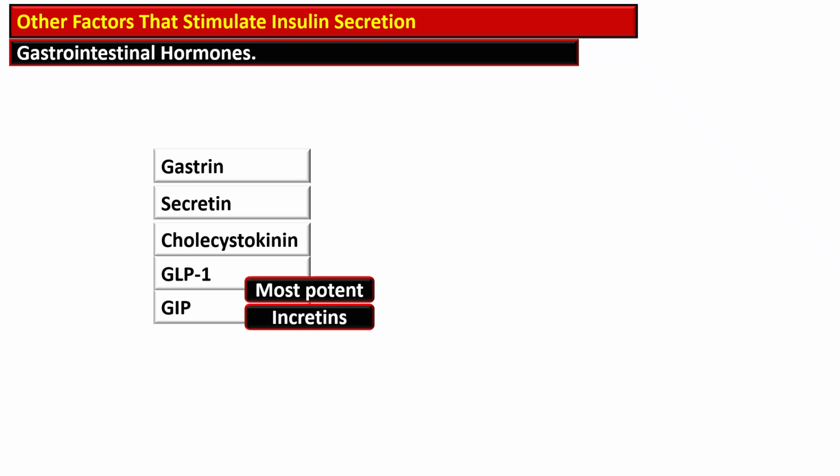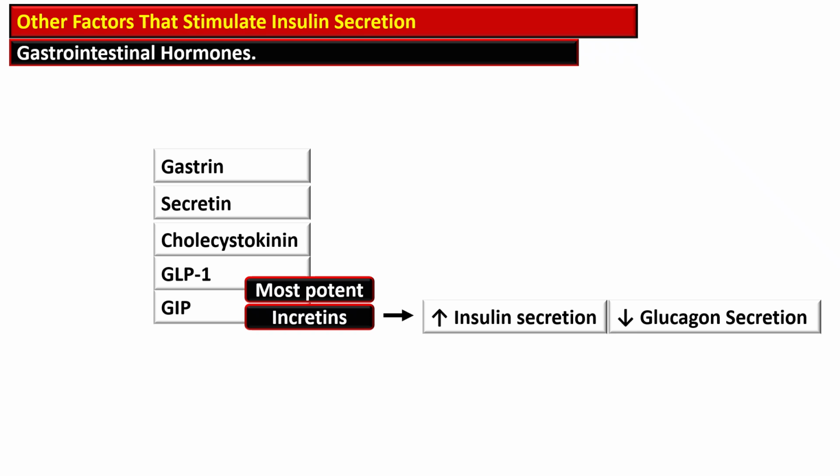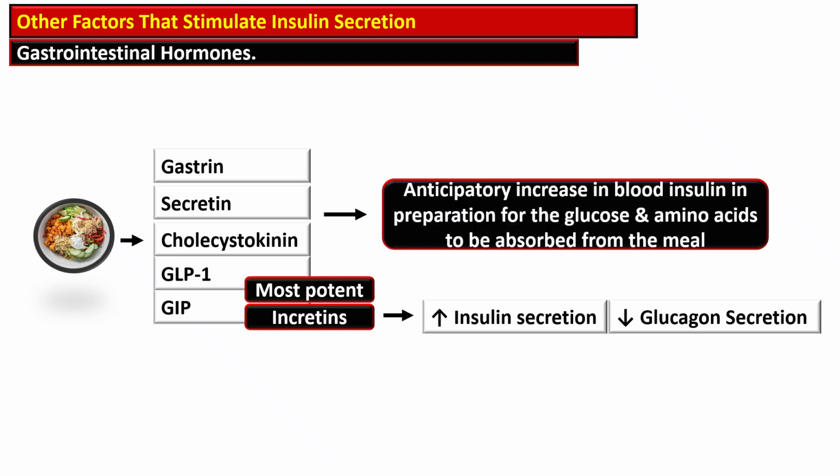GLP-1 and GIP are the most potent and are collectively referred to as incretin. So these incretins enhance the insulin release from pancreatic beta cell in response to rising blood glucose. They also inhibit glucagon secretion from pancreatic alpha cell.